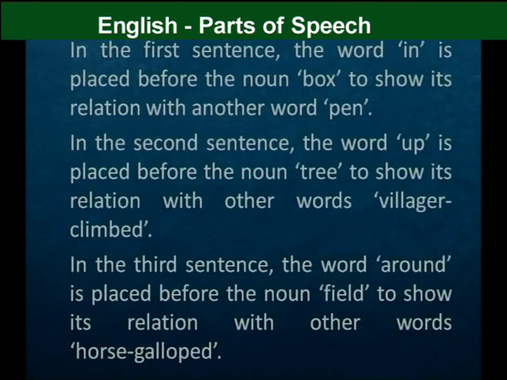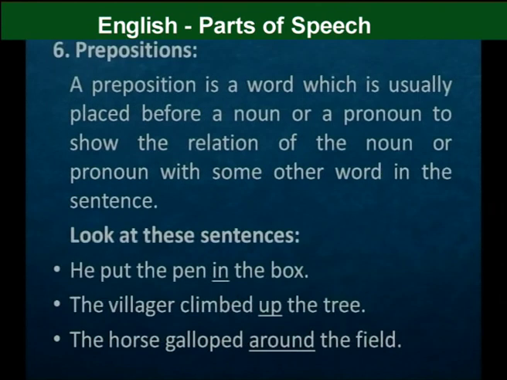Similarly, in the third sentence, the word around is placed before the noun field to show its relation between the horse galloped and the field. So, around the field, who did gallop? The horse. Where? Around the field. So, around is the preposition used before the noun field and establishes its relationship with other words in the sentence like horse galloped.